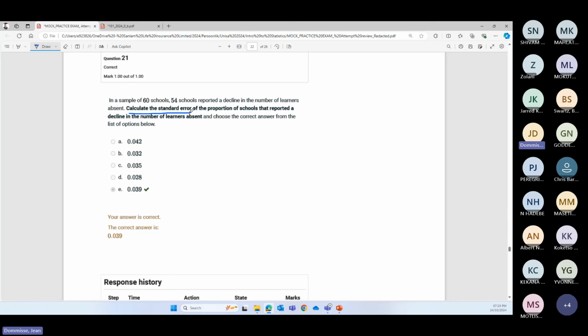Calculate the standard error of proportion. We did that last night as well. But again, just the formula for the standard error of proportion is that part in the top that we divided by. So remember, if we now had the P minus the population proportion part, it would have been on the top.